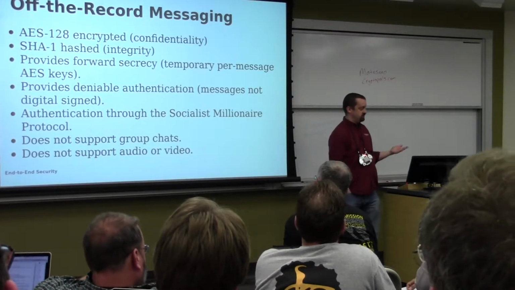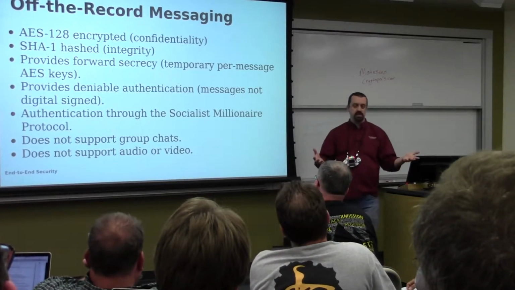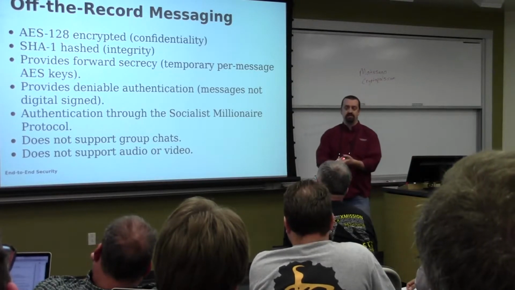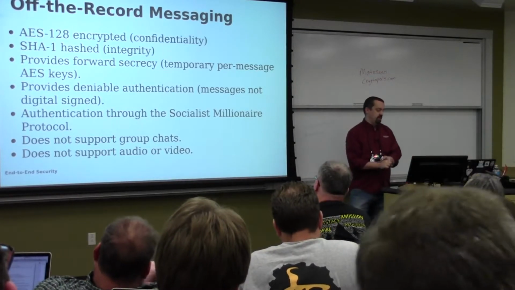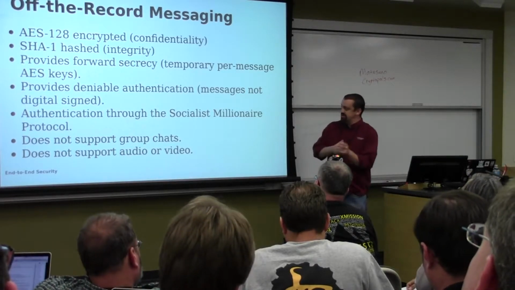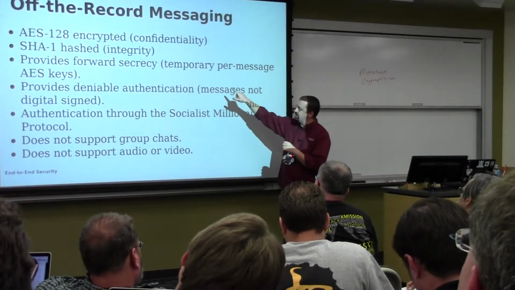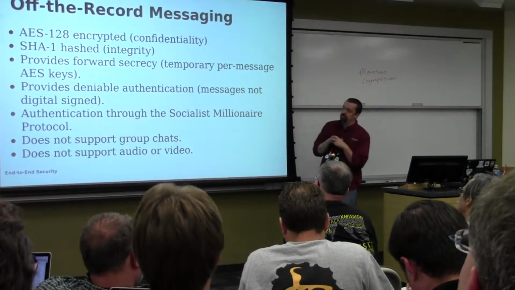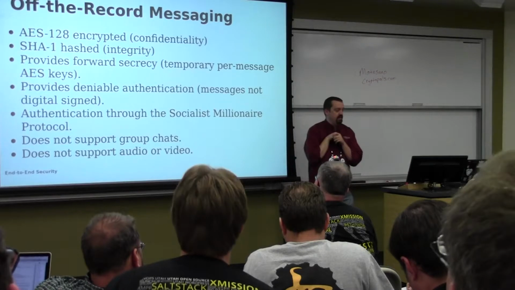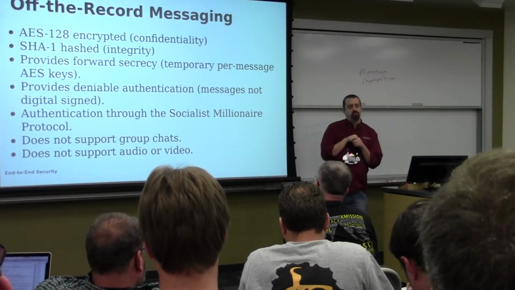So we need the ability to strip signatures off, in other words, have an off-the-record conversation, but still have this confidentiality and this authentication. So the way this works is instead of using GPG, we use AES natively, and we use temporary per-message AES keys. This means that, first off, OTR is a hybrid system.